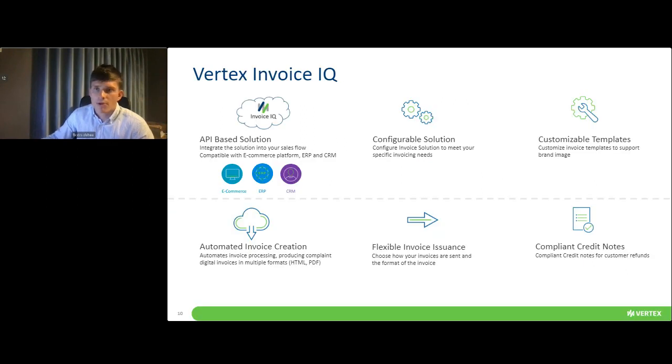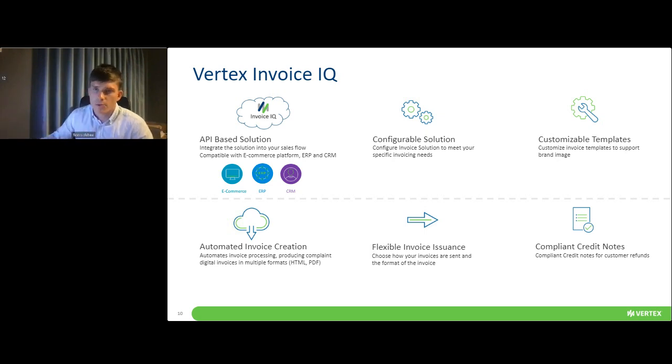So what do we have with our Vertex Invoice IQ solution? It is an API-based product. The various pieces of transactional data are sent to the endpoint. Through that, we capture the details of the sale, the buyer region, the applicable tax jurisdiction, and based on those details, we can spin up the compliant invoice.